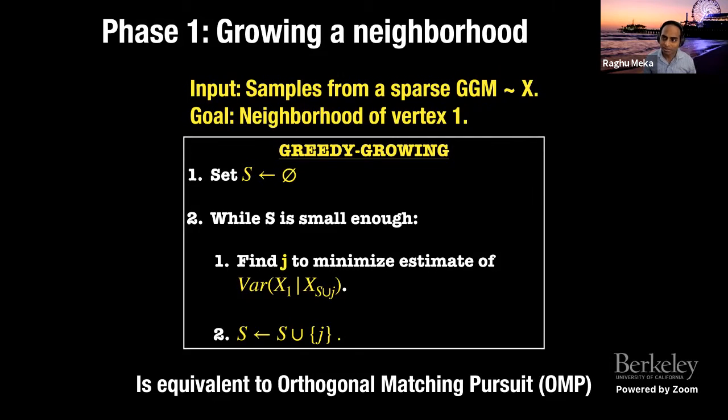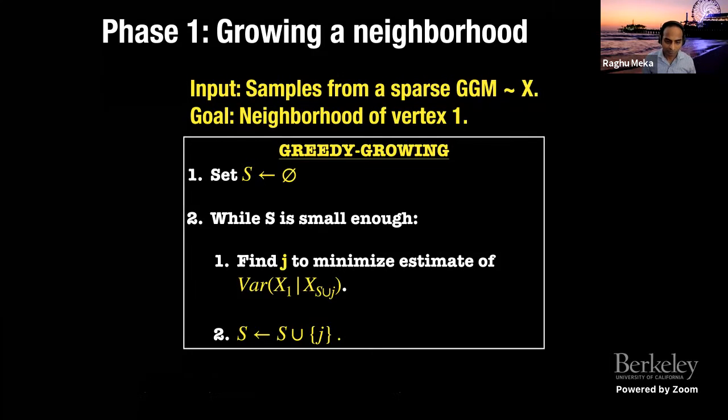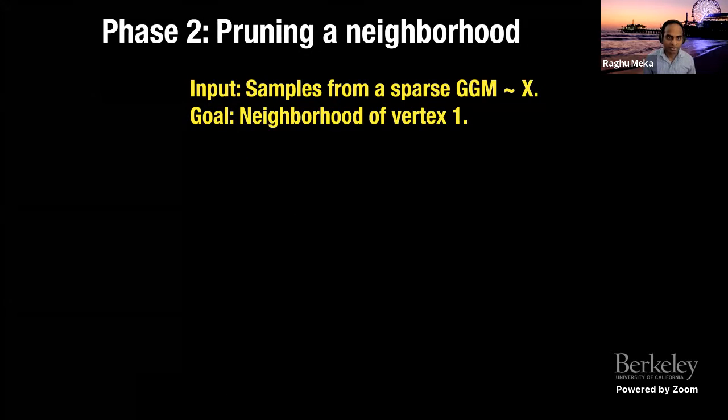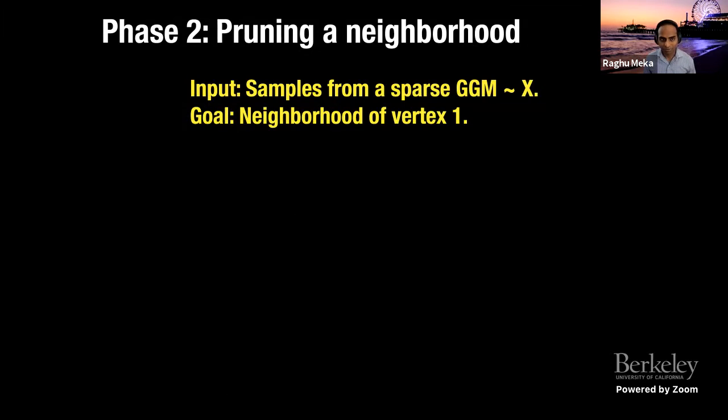You can build a sparse regression problem, and when you set up the language right, this greedy method is equivalent to running orthogonal matching pursuit. But we'll adopt the greedy terminology because it makes things cleaner and easier to analyze. Okay. So that's the growing a neighborhood phase.